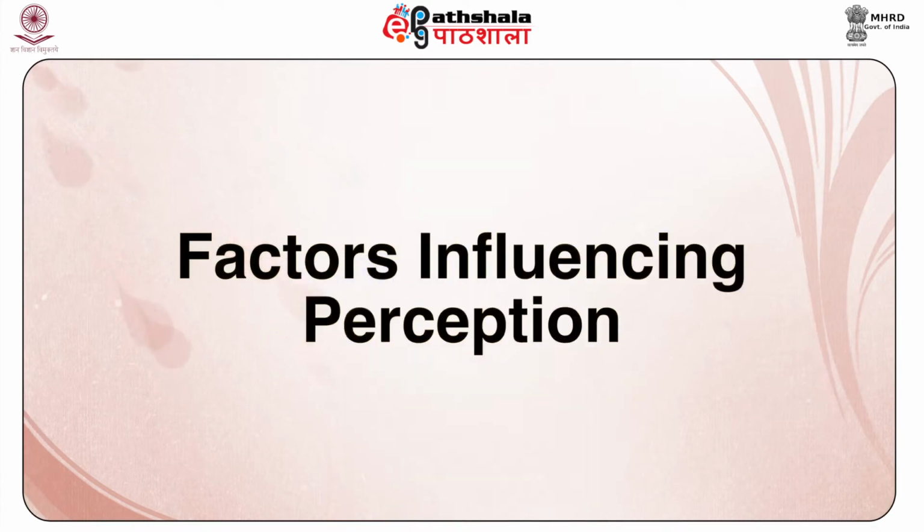Now we will study the factors that influence perception. The factors that influence the perceptual mechanism are mainly of two types. First, internal factors. Now we will discuss in brief the internal factors that affect perception. The first internal factor is needs and desires.